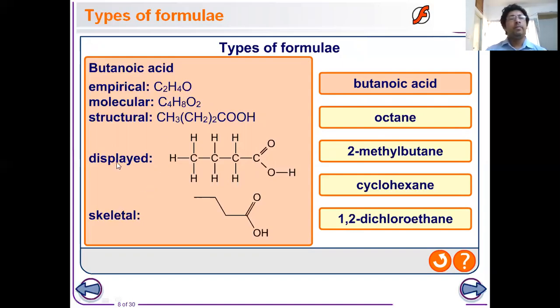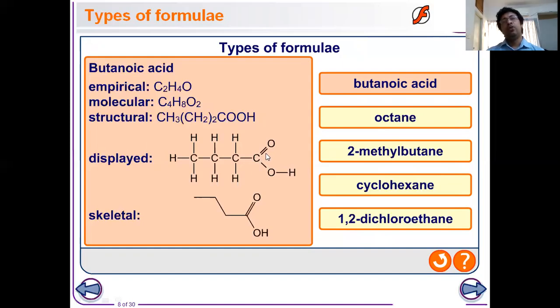Well, the displayed formula is a bit easier than the structural formula for drawing. In butanoic acid, 4 carbon atoms are present, so 1, 2, 3, 4. And we know that the functional group, I will discuss more about functional groups in my later slides, of carboxylic acid is COOH.